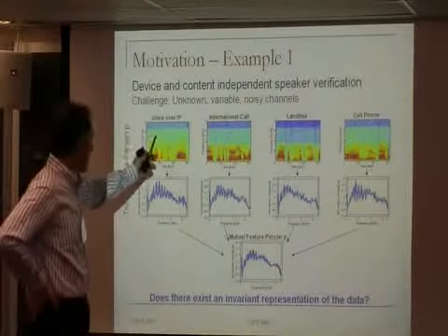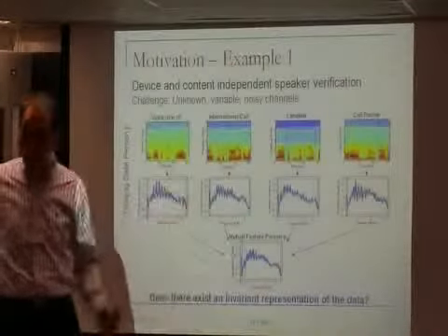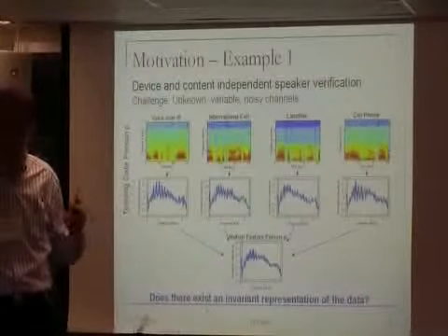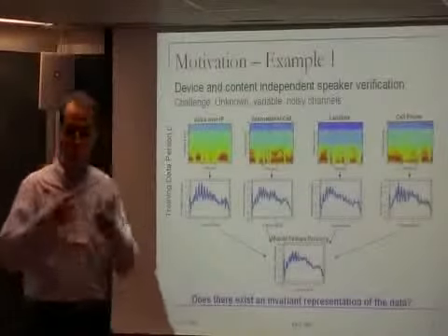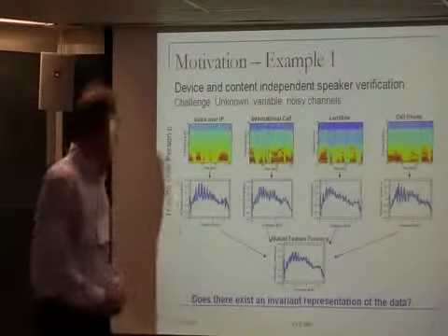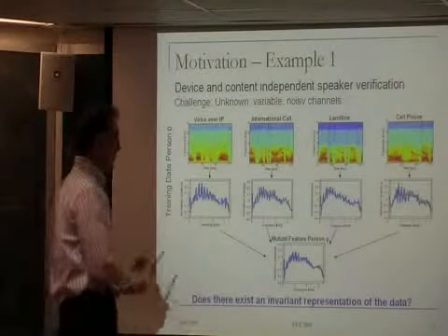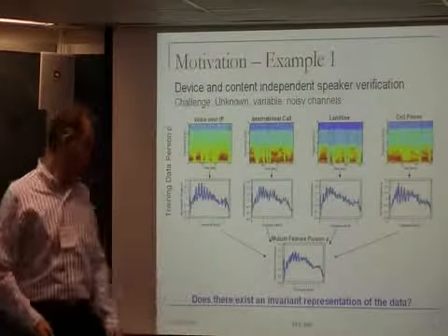All right, so assume that I have various samples of speech that represent different situations, possibly different channels, different emotional states, and so on. That's the spectral domain representation for various situations.